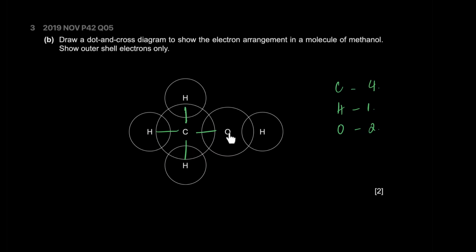Now oxygen wants to make 2 bonds. It's already made 1. It can make another one like that. So let's fill these up with electrons.